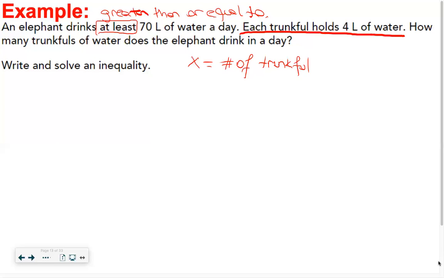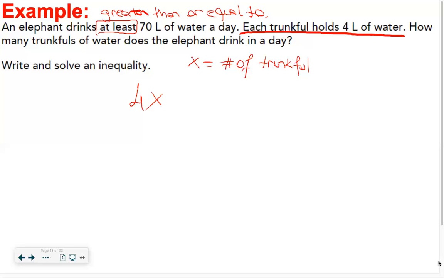Okay, what if I have x number of trunkfuls? How can you describe it? 4 times x. And we know that an elephant drinks at least 70 liters. So the amount of water the trunkfuls hold must be greater than or equal to 70. Otherwise, the elephant cannot drink 70 liters of water.